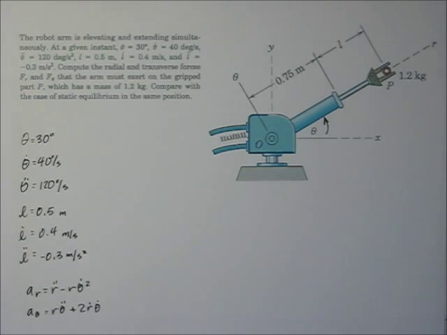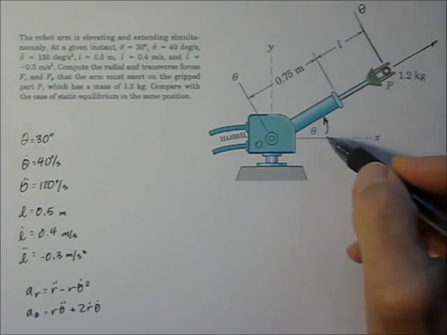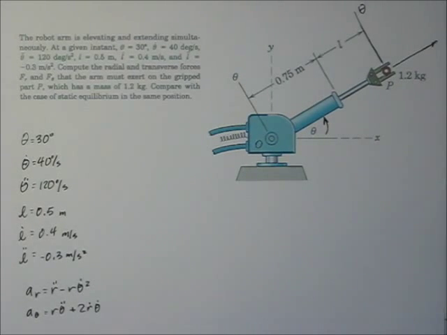So first of all, let's define our axes. If you recall, we have the r-axis, which points straight out from the center. The theta axis goes perpendicular to that, and so this will be the theta axis. It'll be positive in the direction of positive theta, and theta is defined as positive that way. So that's the r-axis. Now we need to make sure we draw a free body diagram.